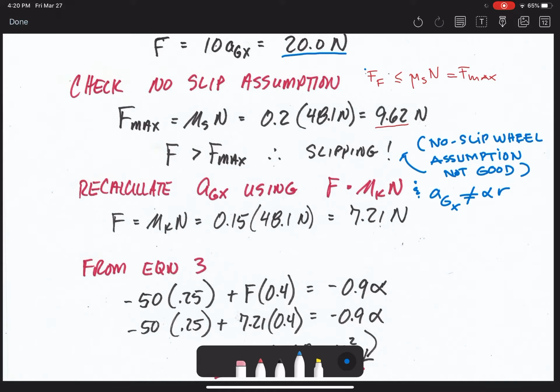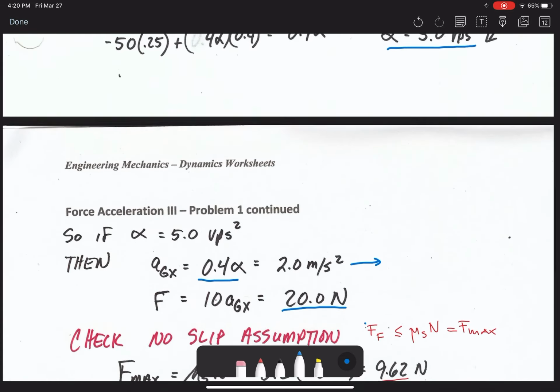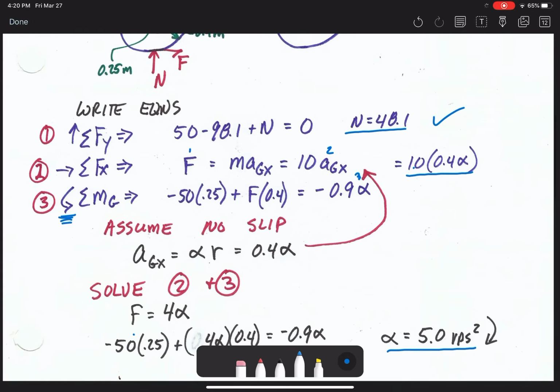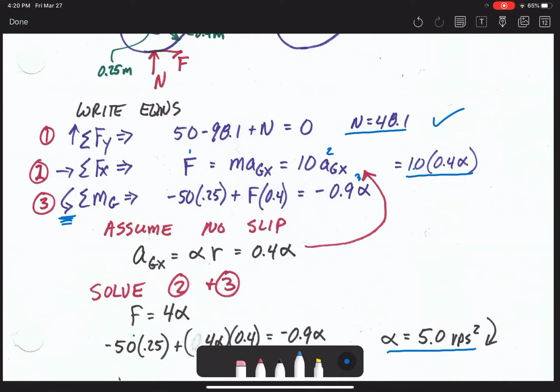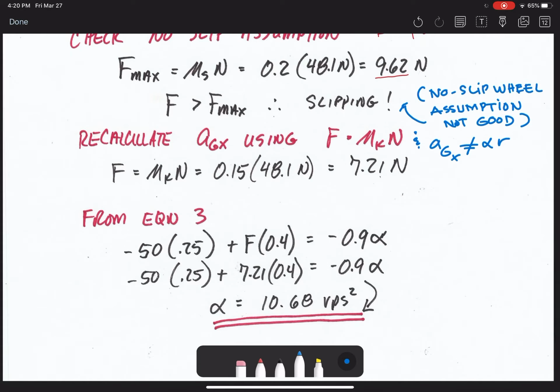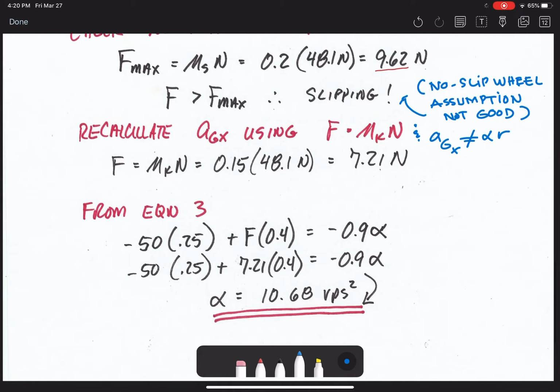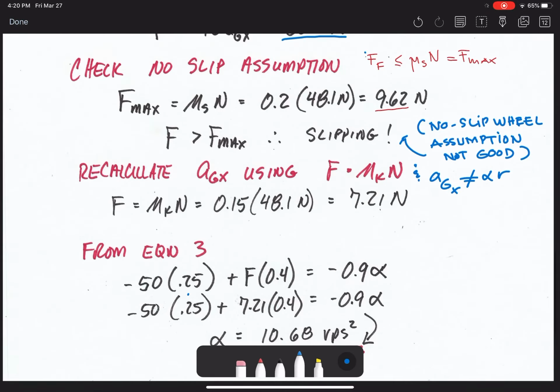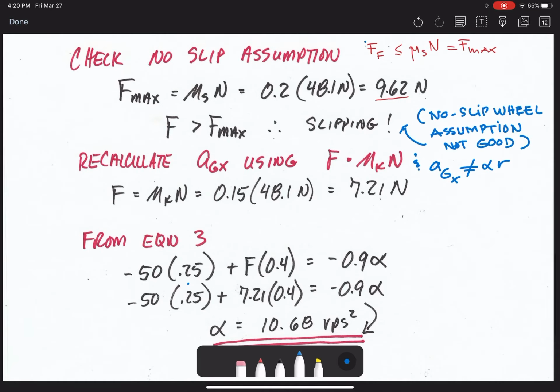So from that you use the equation in here. For example, you already know the equation F equal to 10 ATX, and F now is equal to mu sub K N, right? So you can rewrite that equation. F in equation 3, so F equal to mu sub K N, the friction force. So you will be able to find ATX and alpha.